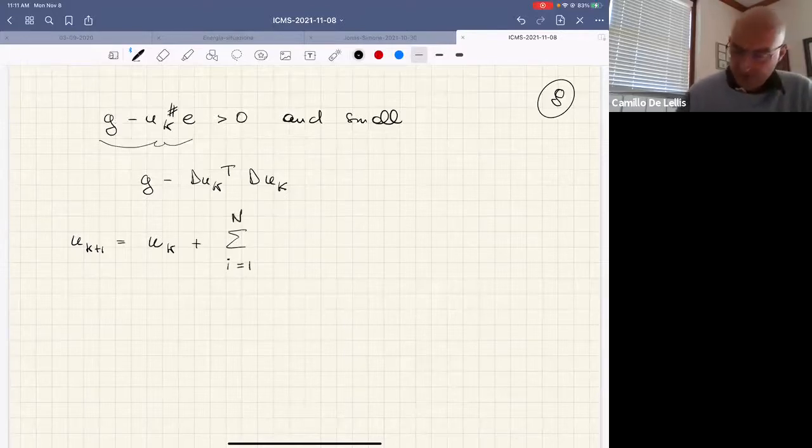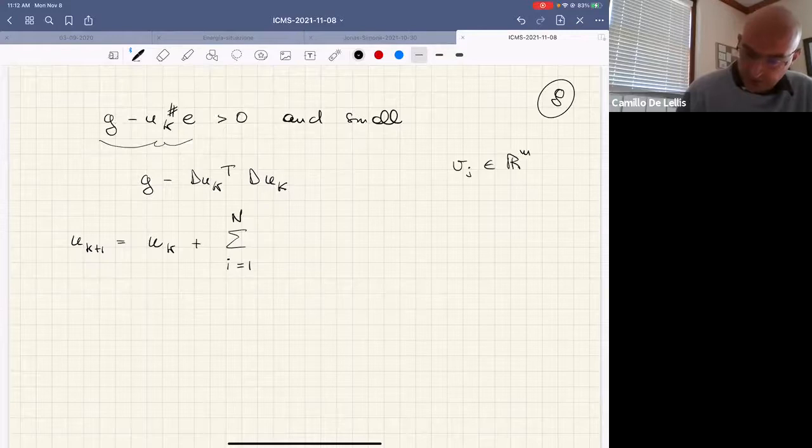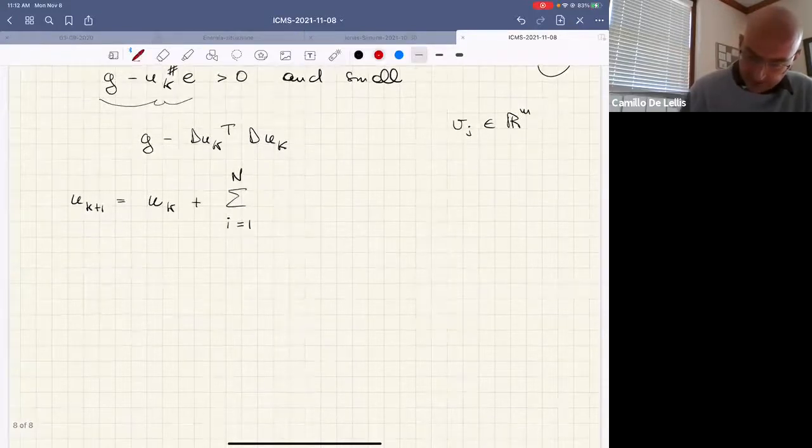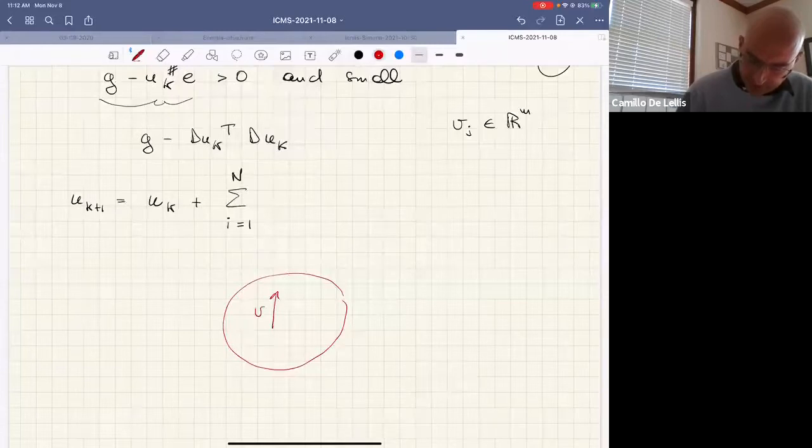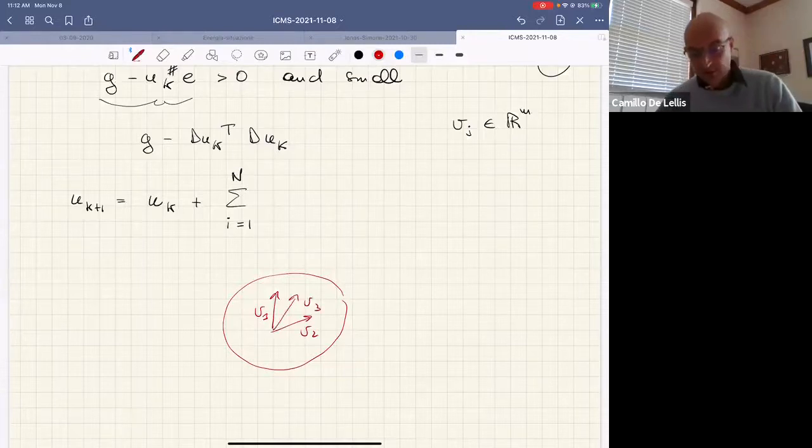These directions I'm going to call vj. So vj are just directions in my original sample. Remember that I'm looking at this omega, which is a ball, and so here I have many directions, like direction v1, direction v2, and direction v3. There are many more, actually, than the dimension of the space.